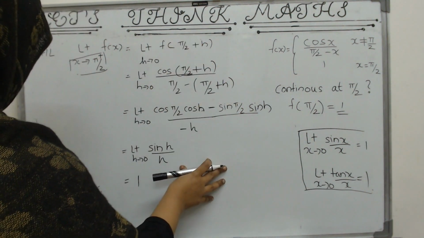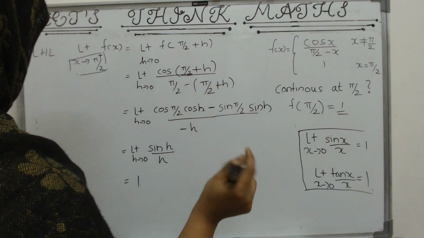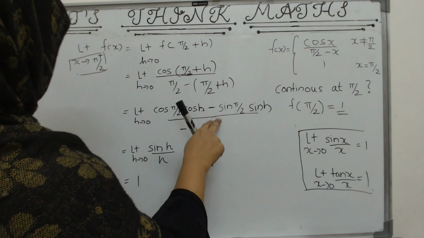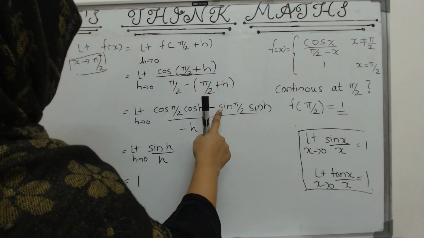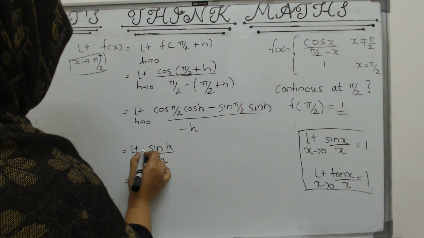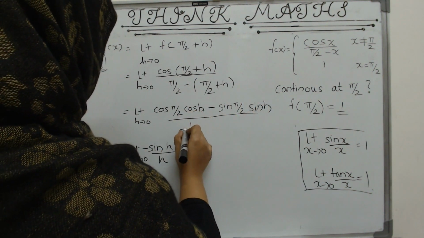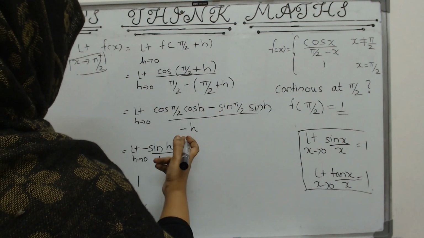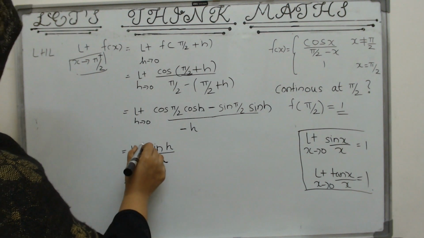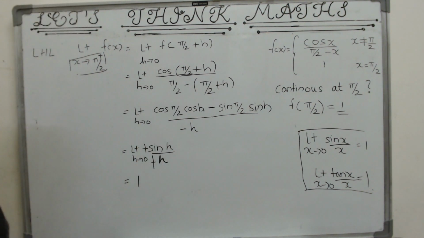So you get this, but then remember cos a plus b, there is a small difference in the formula. You remember it is cos a cos b minus sin a sin b. So here you get 1, but the whole of this term becomes minus sin h. And in the denominator also, when you open the brackets, you get minus h. So in both of these you get minus, which gets cancelled, and the answer is still the same, it is 1.